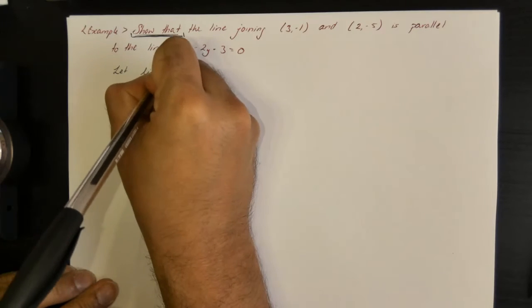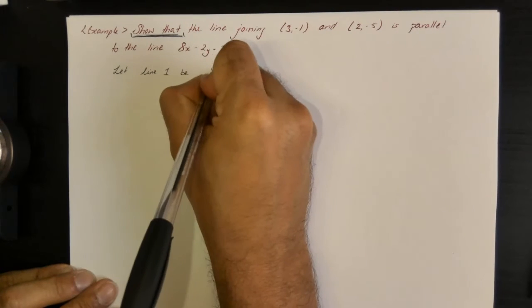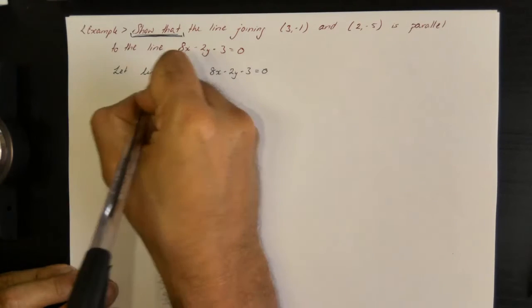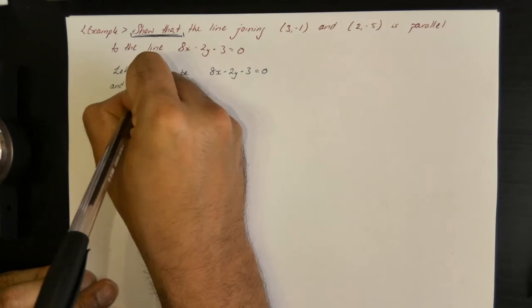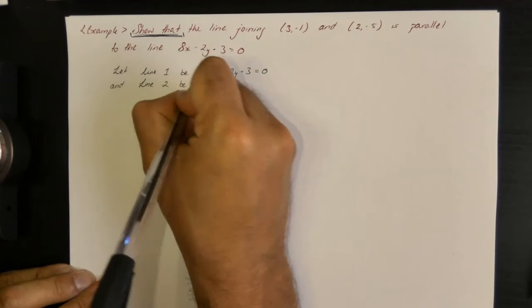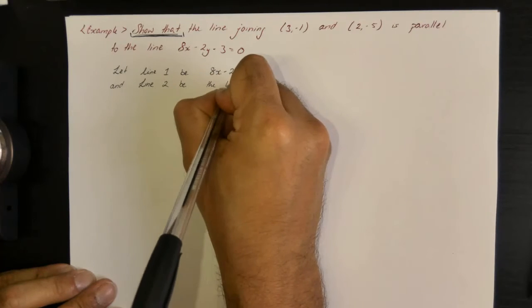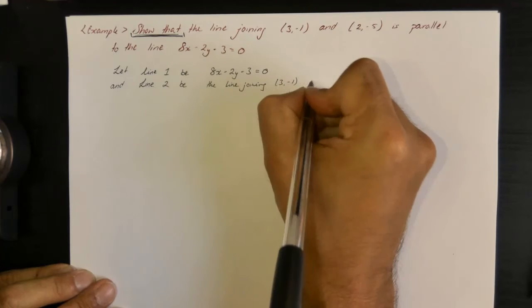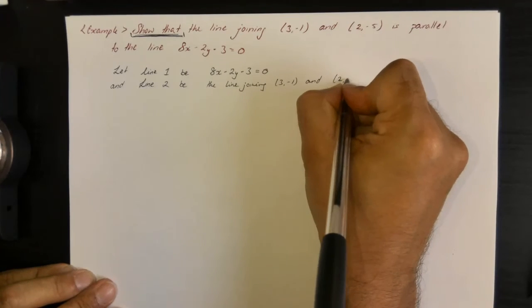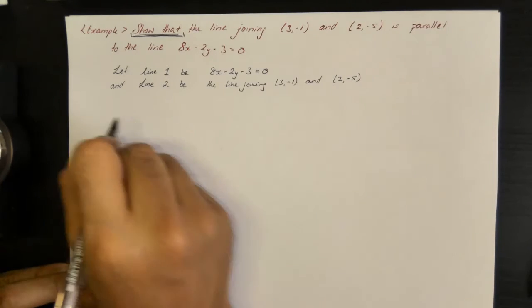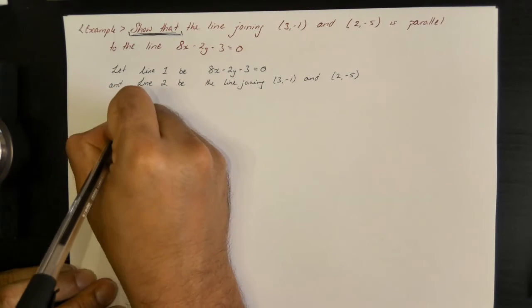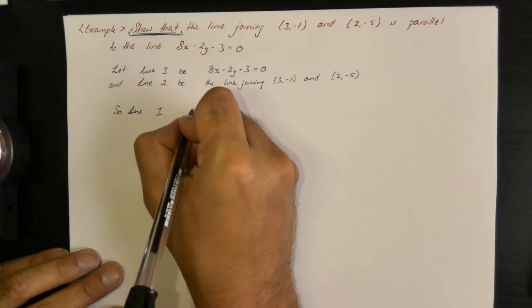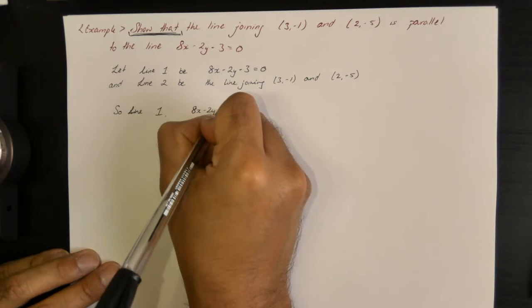Let line 1 be 4x minus 2y minus 3 equals 0, and let line 2 be the line joining (3, -1) and (2, -5). In line 1, we have 4x minus 2y minus 3.